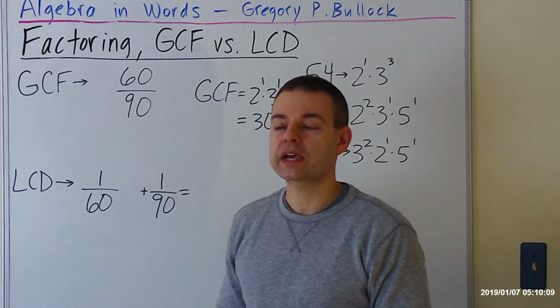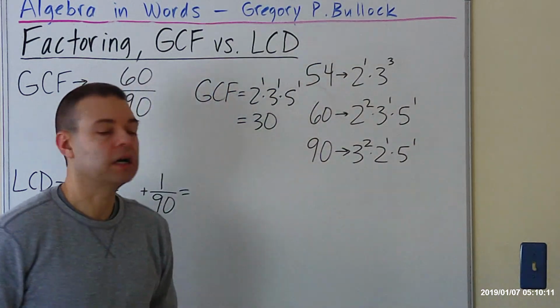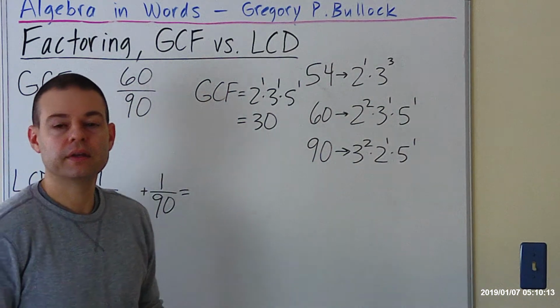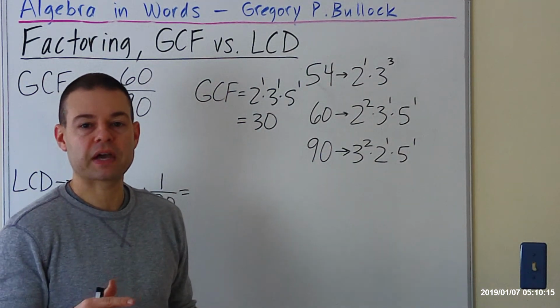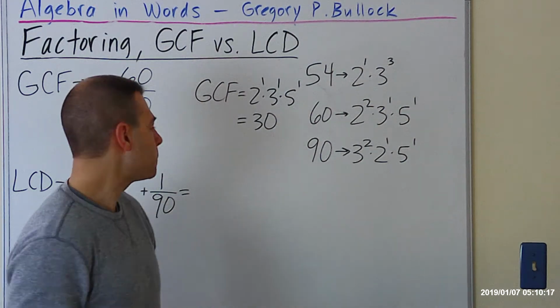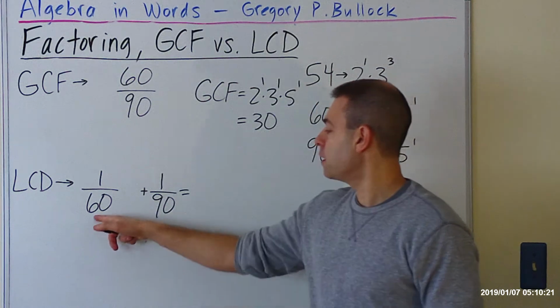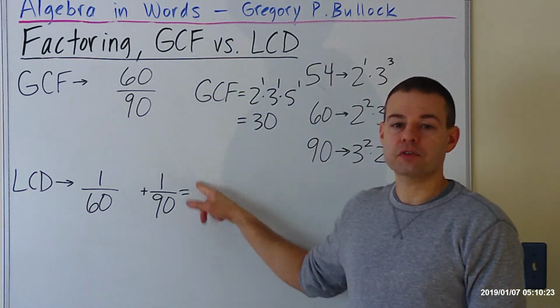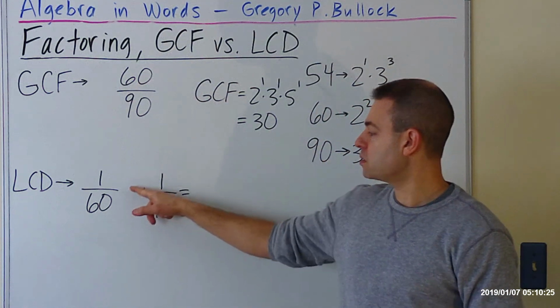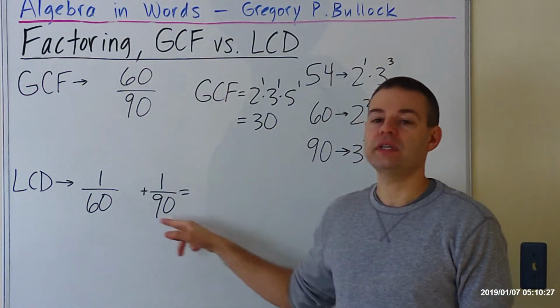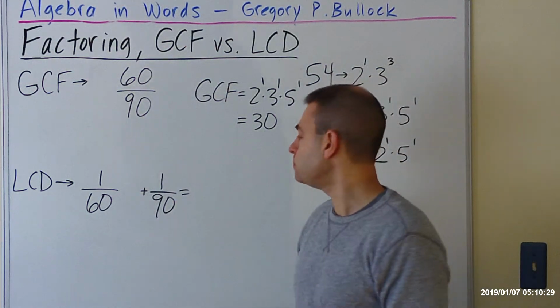We'll use that in a second, but I want to stay focused on comparing and contrasting greatest common factor versus least common denominator. Now let's find the least common denominator of 60 and 90 for this problem, which is adding fractions where we have 60 and 90 as the denominators.